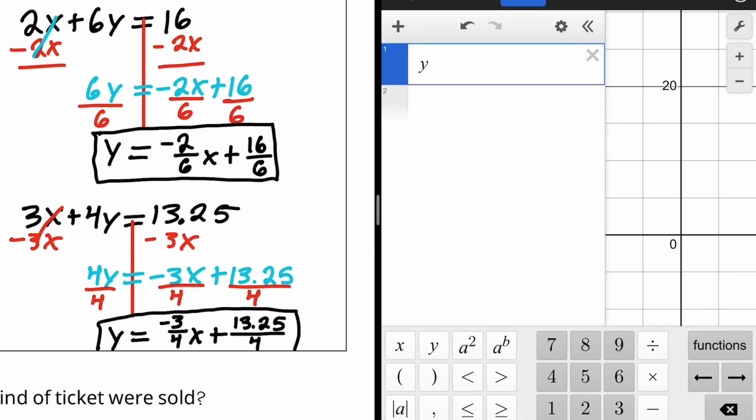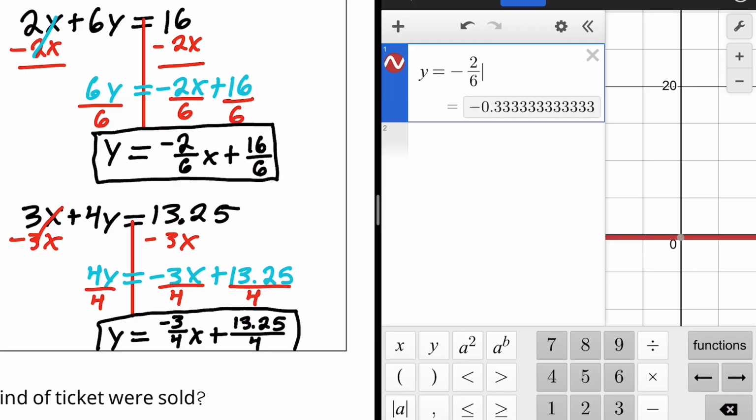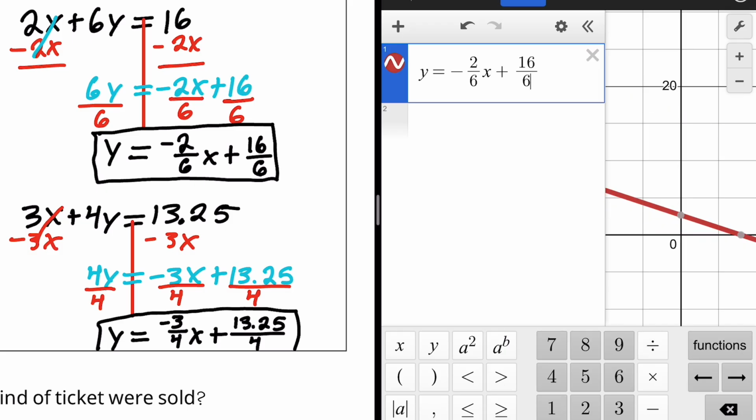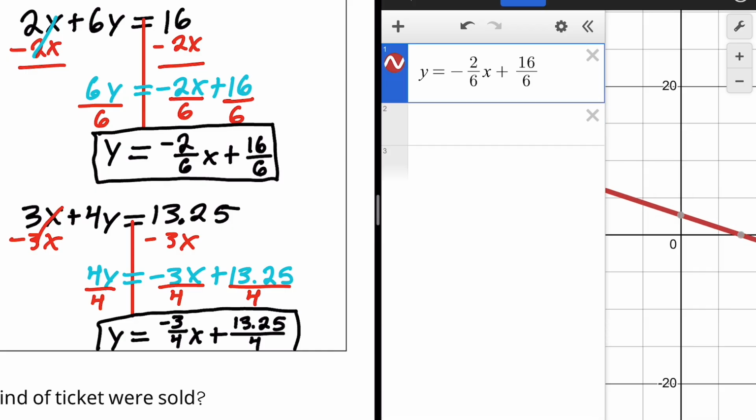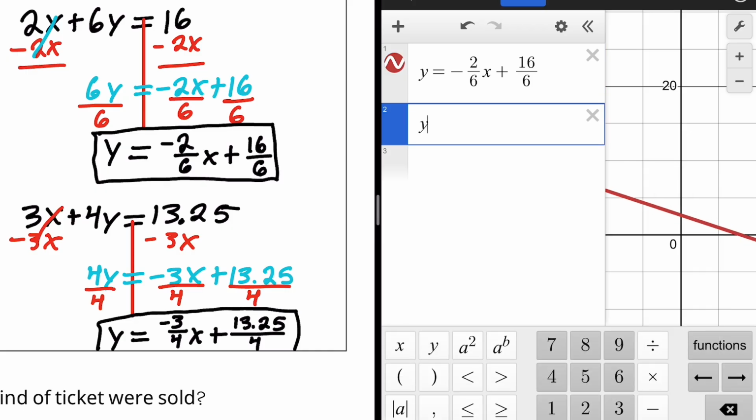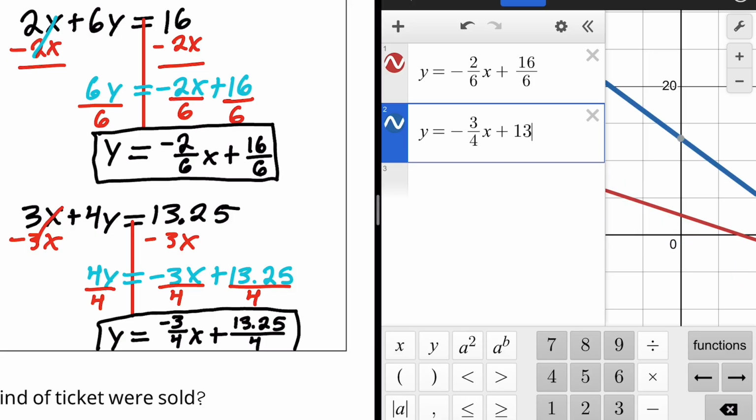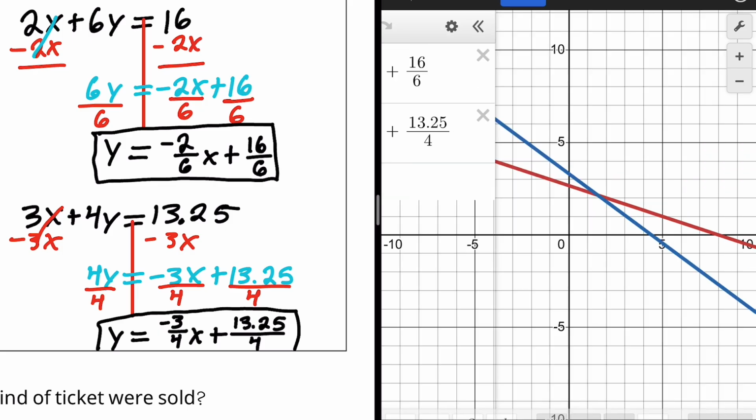So y equals -2 divided by 6 x plus 16 divided by 6. There's my first line, which is this red line over here. Second line, y equals -3 divided by 4 x plus 1325 divided by 4. Alrighty, and there's my second line.